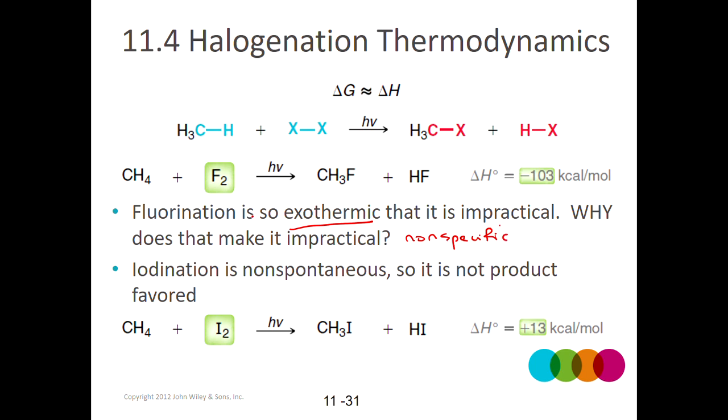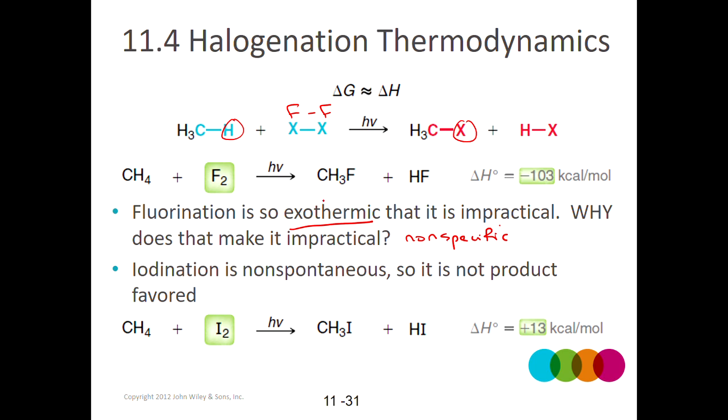As we were saying, it's hard to stop the reaction after one halogen replaces one hydrogen. But when the halogen is fluorine, it's really impossible. I can't control which hydrogen the fluorine replaces, and I can't prevent it from replacing all the hydrogens. So if my goal is to replace all these hydrogens with fluorines, then this is going to be fine.